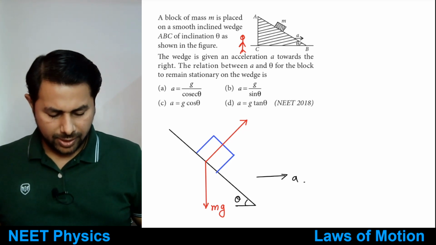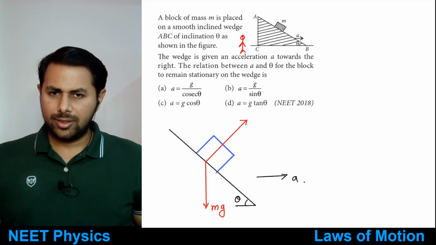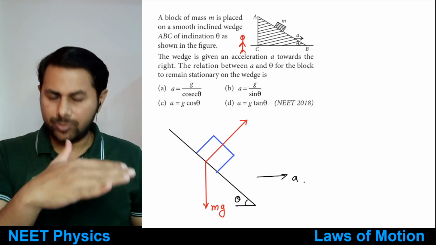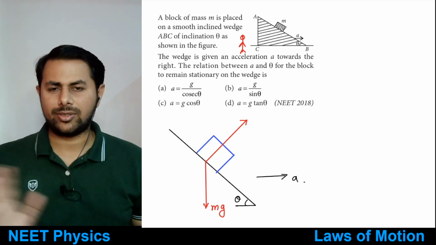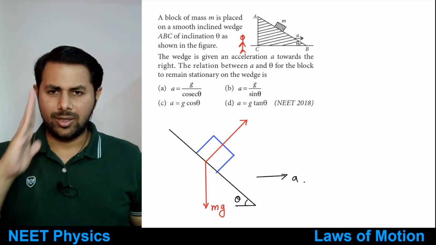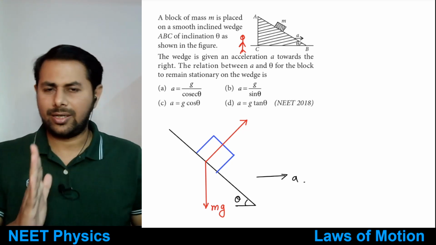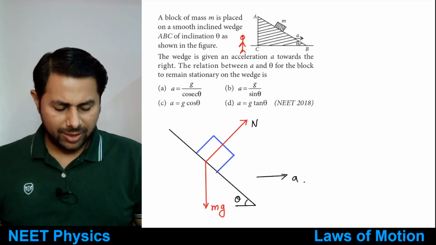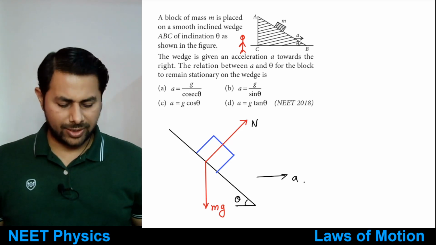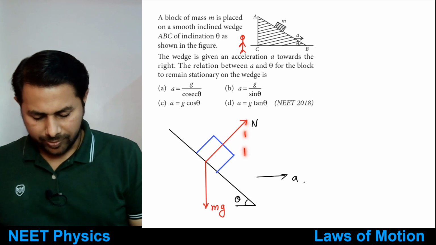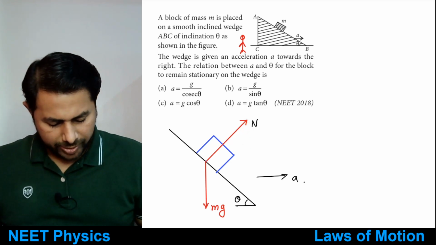He knows that he must resolve the forces in the direction of motion and perpendicular to the direction of motion, to check for the equilibrium. So resolve the normal reaction along the two components.